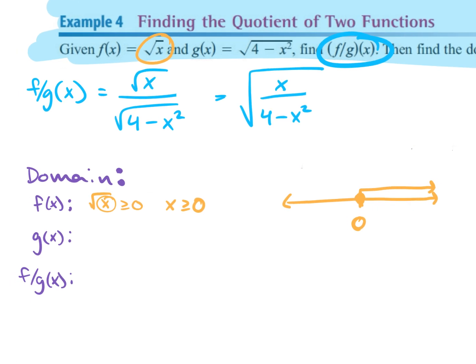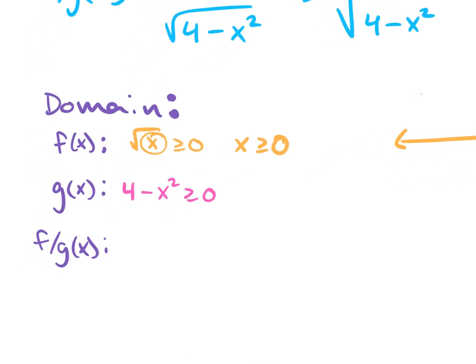Now let's find our domain for g of x. So we're going to do the same thing. We're going to set whatever's under our square root greater than or equal to 0. So 4 minus x squared is greater than or equal to 0. Now we have to be careful here.